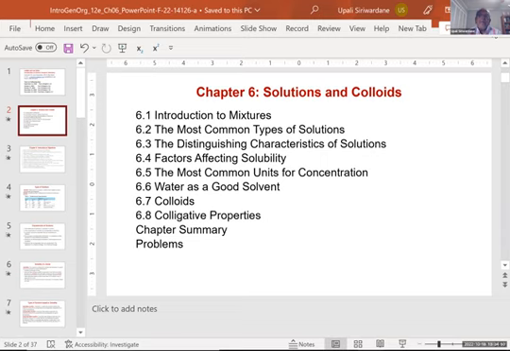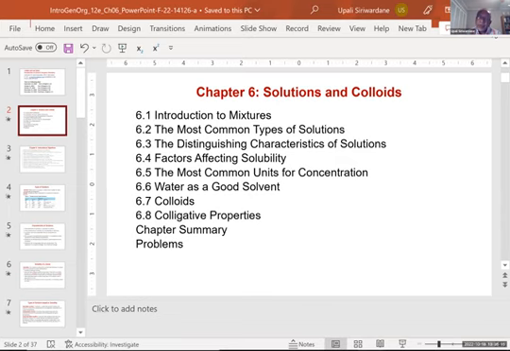Let me explain how we came to this point. Remember in chapter 1, we talked about states of matter. Then in chapter 5, we went over details of states of matter, gases, liquids, and solids.